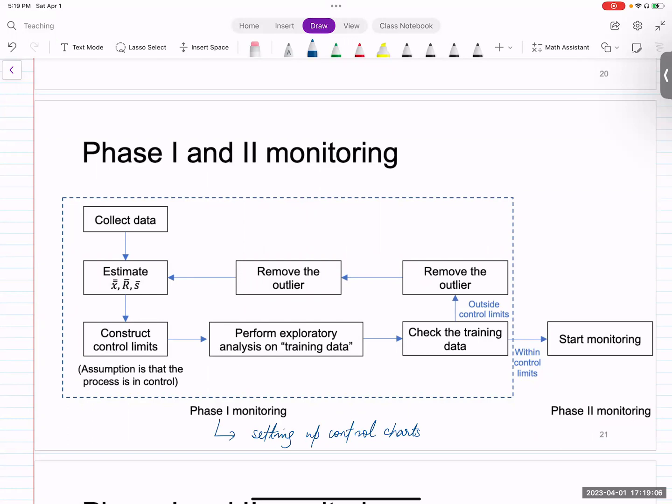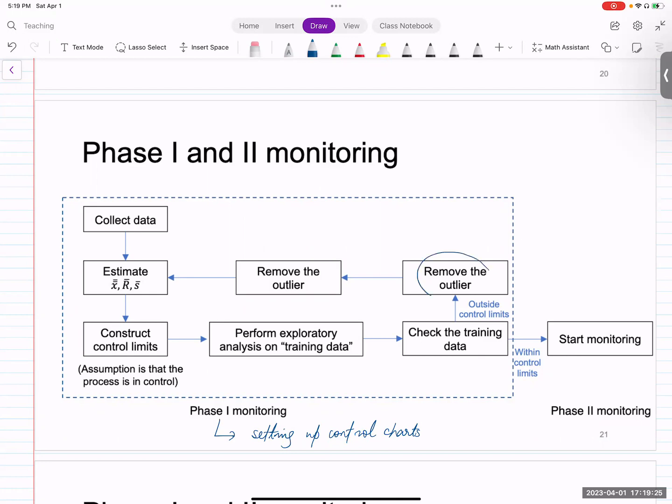When you're constructing these control charts, if for some reason you encounter a sample outside the control limits, the idea is to remove it and then redo the control chart. You have to make sure that when you are in phase 1, there are no out of control situations, which we're calling outliers.